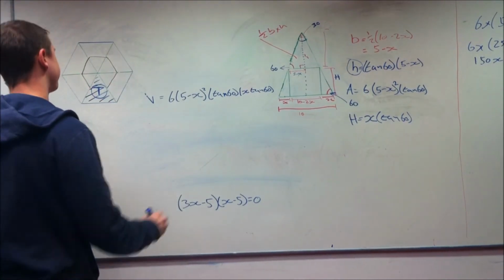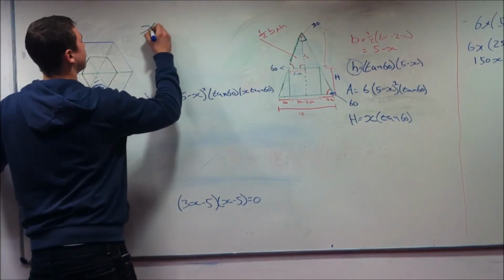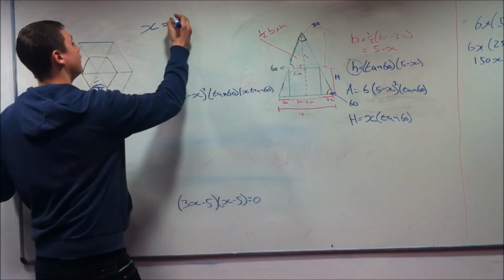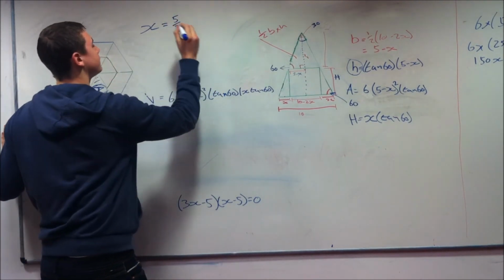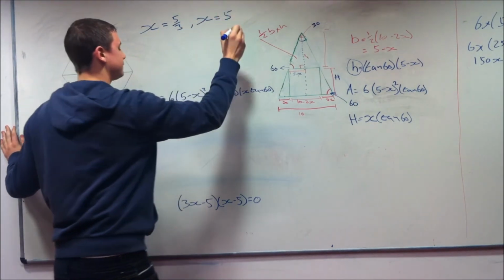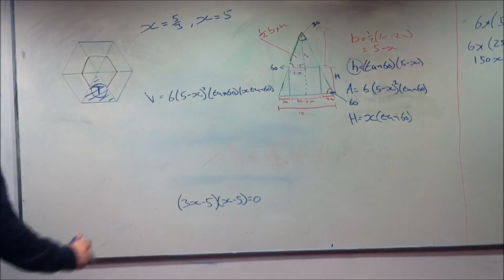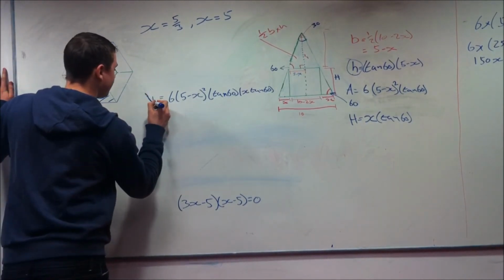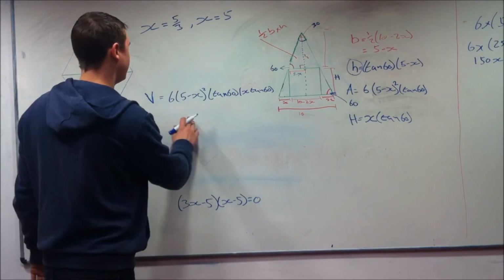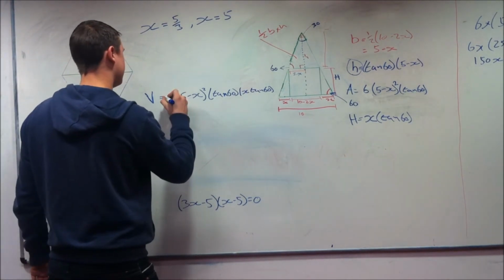We have that x is equal to 5 over 3, or x is equal to 5. Now, we know this is a volume formula, and so I'll just rewrite that one a bit.